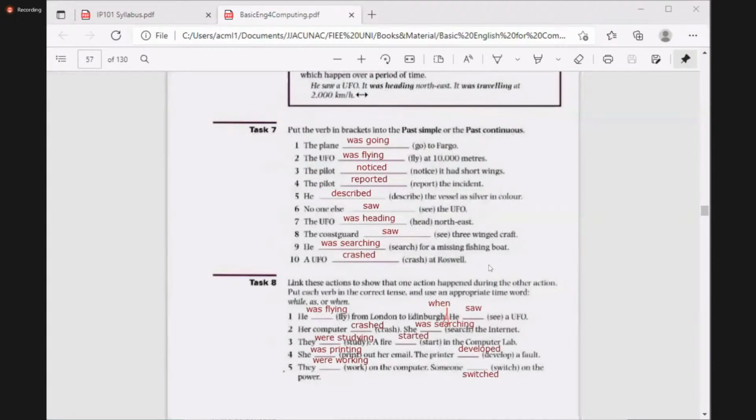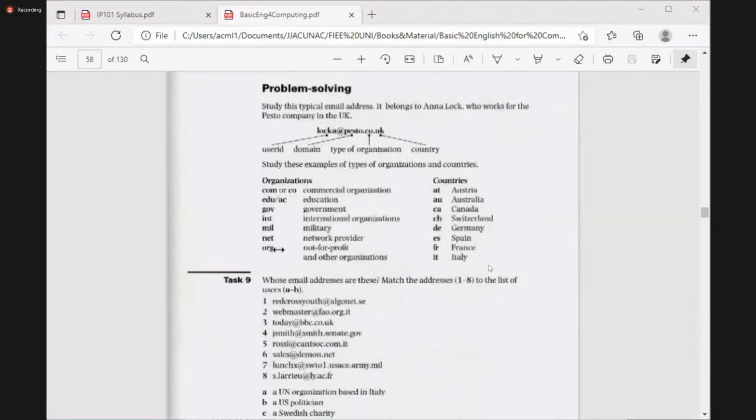That is just how the structure in some domains are. When you consider COM, we're talking about commercial organization. EDU or AC is about education. GOV, remember in English is V, in Spanish is B. We refer to the government.